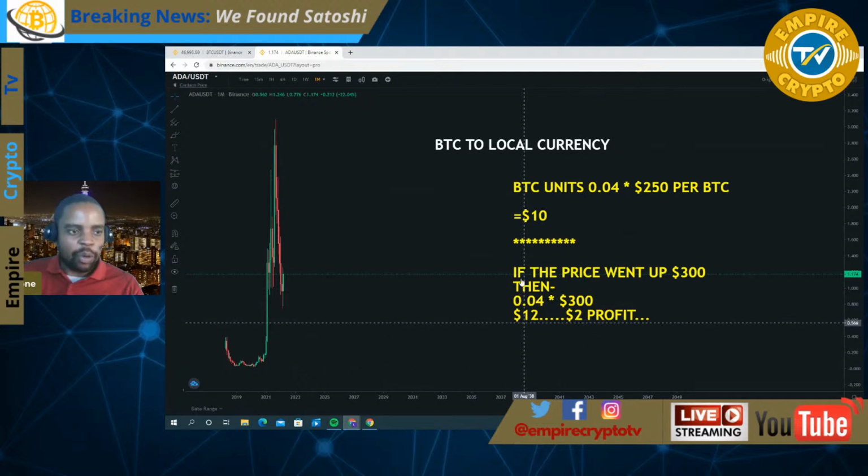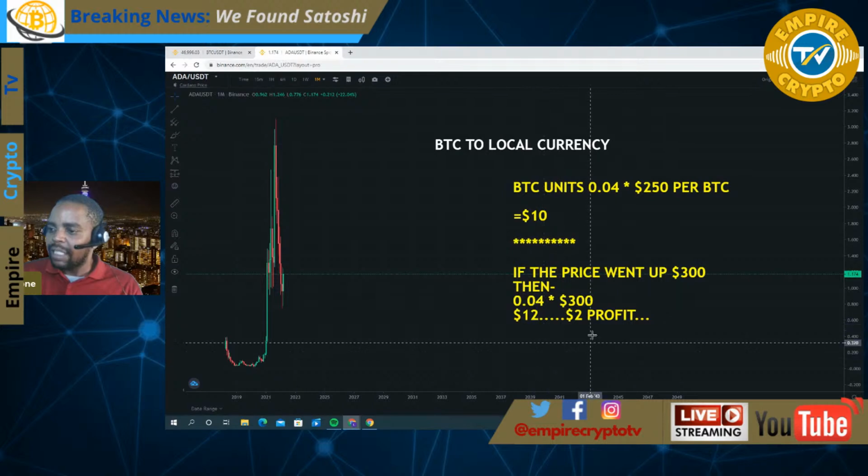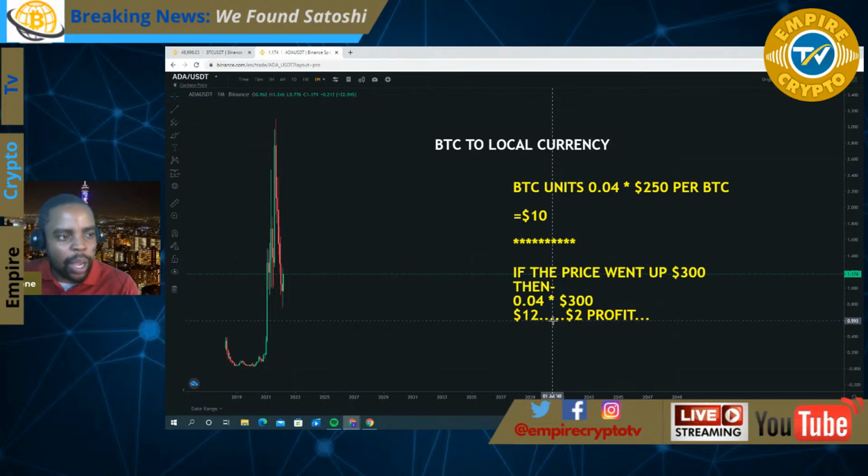Now you can see it has risen from your $10 to $12, hence making a profit of $2. This is the most basic way, if you are a new investor or a newbie in the cryptocurrency space, of converting your BTC to your local currency or your local currency to your BTC.